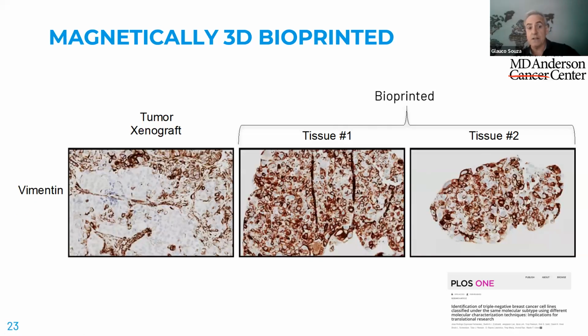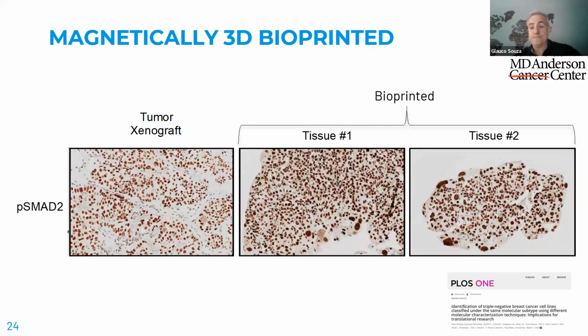In the morphology, it's very close. Same thing for Vimentin and pSMAD. Here is a clear demonstration: you have a tumor grown in the mouse from patient cells, and we took the cells from that tumor, broke it apart, reassembled, and they still look exactly the same, which also shows that the nanoparticles are really not doing anything.